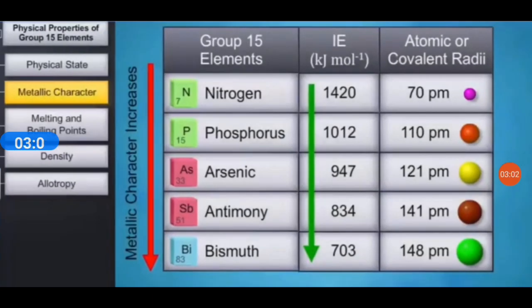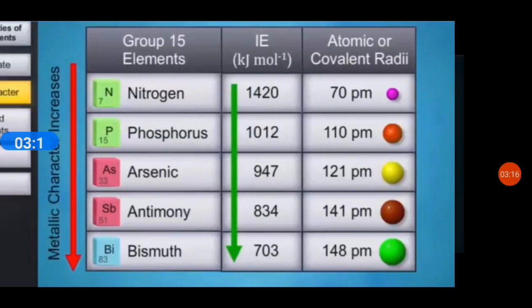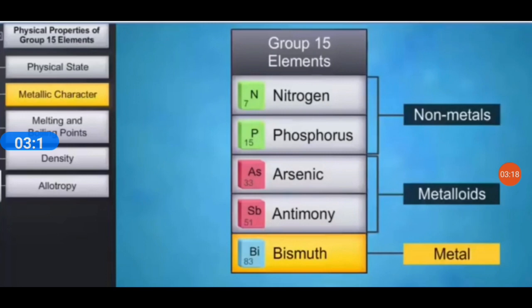Metallic character increases down the group. It is due to increase in atomic or covalent radii top to bottom, which causes a decrease in ionization enthalpy from top to bottom. Hence, nitrogen and phosphorus are nonmetals, arsenic and antimony are metalloids, whereas bismuth is a metal.